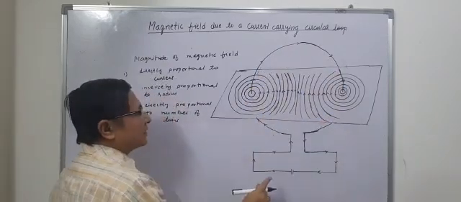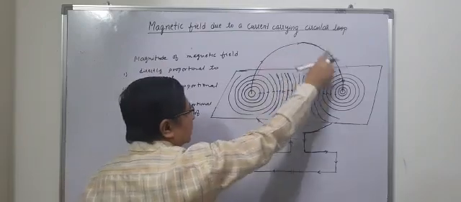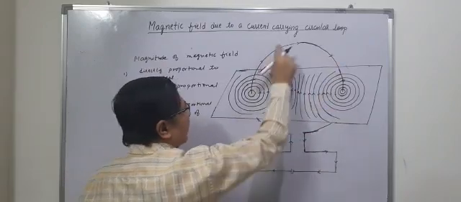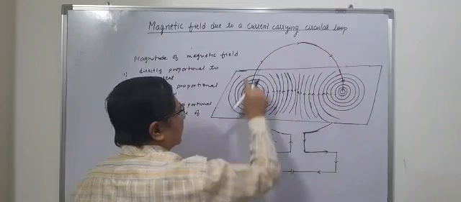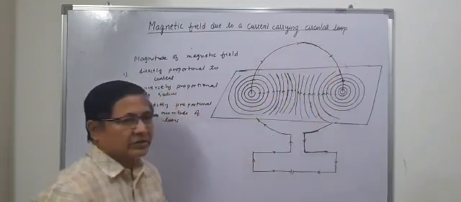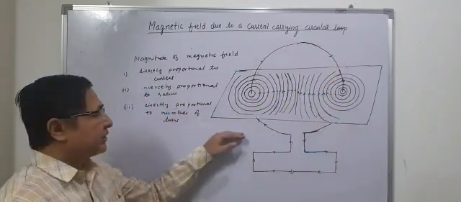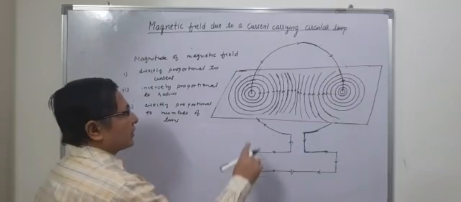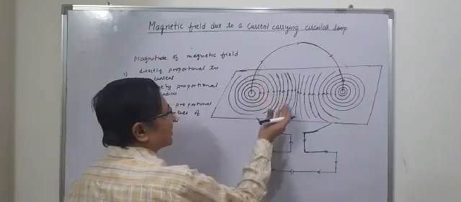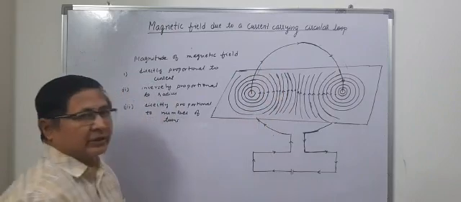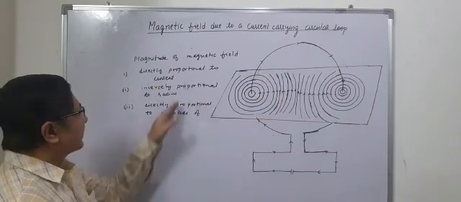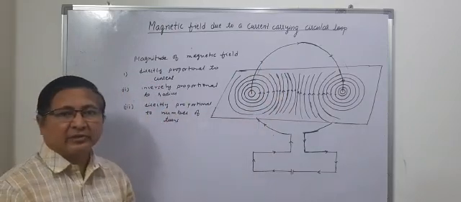When we increase the number of turns, see this is a single turn, then we add another, this will go to a second turn. As we go on increasing the number of turns, the magnetic field goes on increasing. This is because they are all in the same direction and they just add up and the magnetic field increases. So these are the three factors on which the magnitude of magnetic field depends.